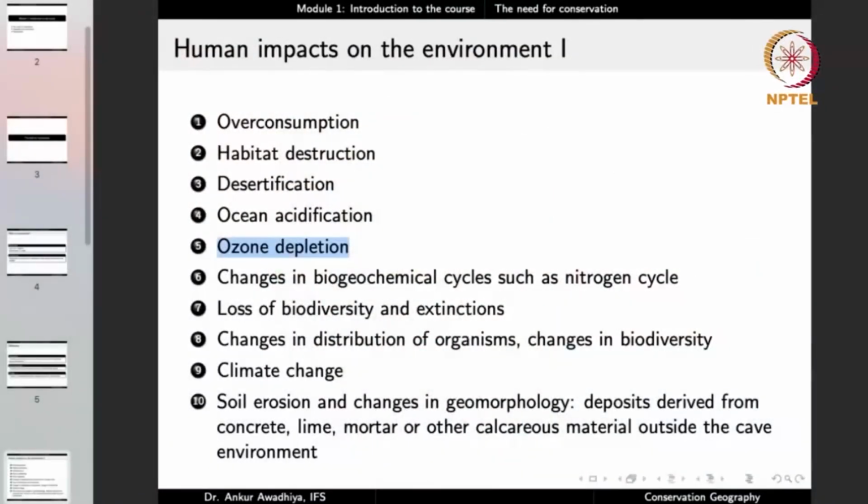So the lenses in the eyes become whitish in color. The organisms lose their eyesight. They increase the frequency of skin cancers. And these are some things that we are already observing in many populations. So the depletion of ozone is another human impact on the environment.